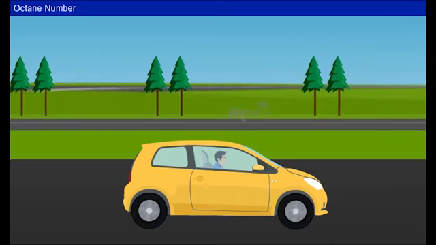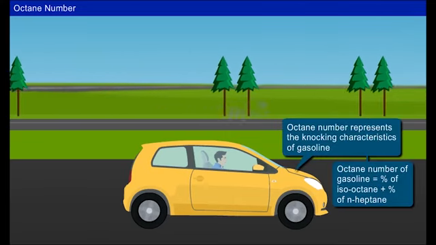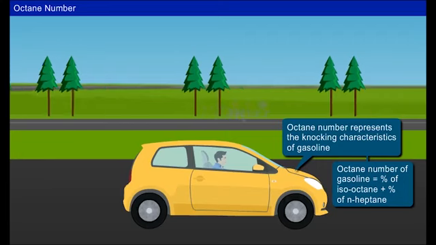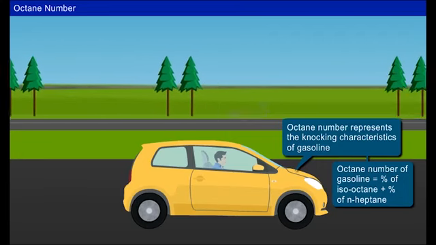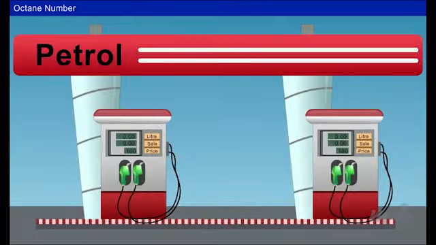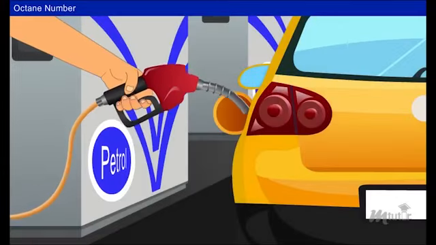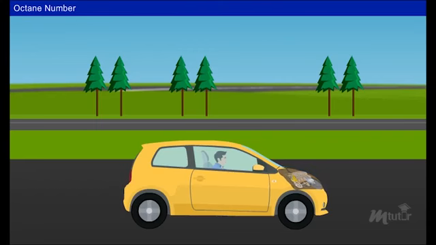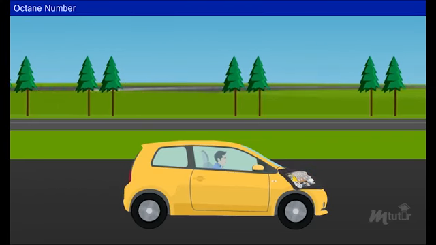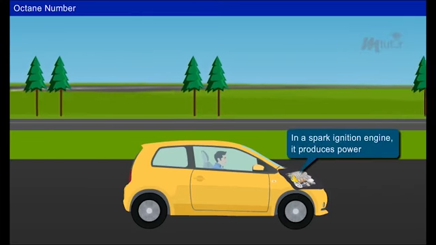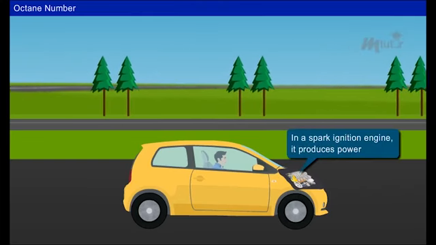Octane number. Octane number represents the knocking characteristics, especially for gasoline in IC engines. The quality of gasoline or petrol determines the octane number. When gasoline is burned in a spark ignition engine, it produces power.